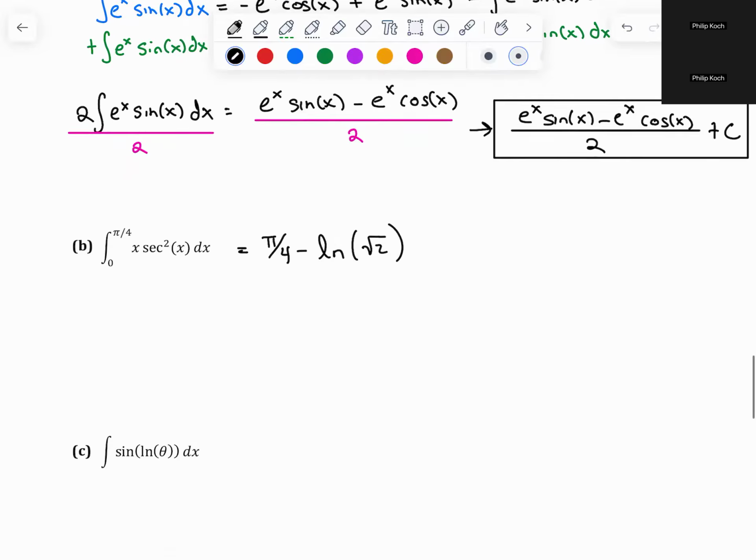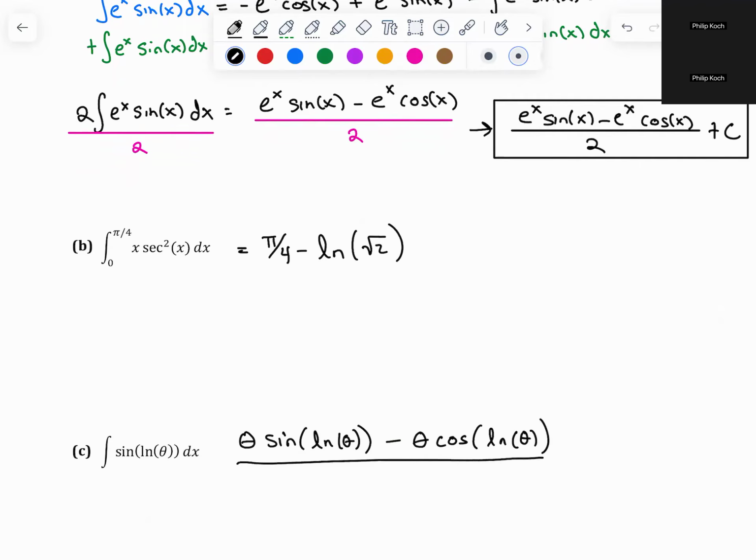The other one, when you see it, you'll see that it's going to be very similar to part A. The answer will be theta sine of ln of theta minus theta cosine of ln of theta, all divided by 2 plus a constant c.